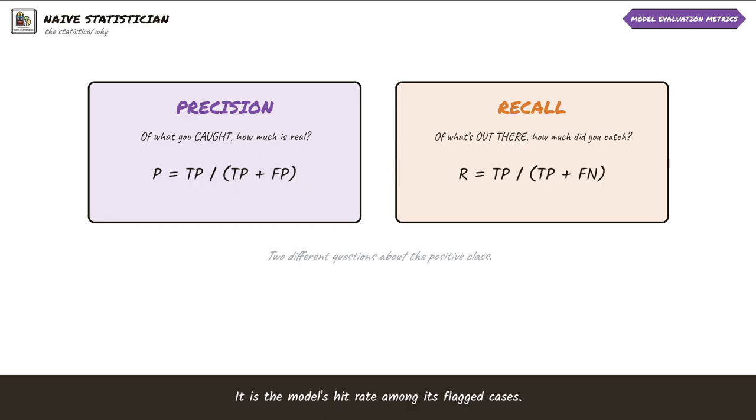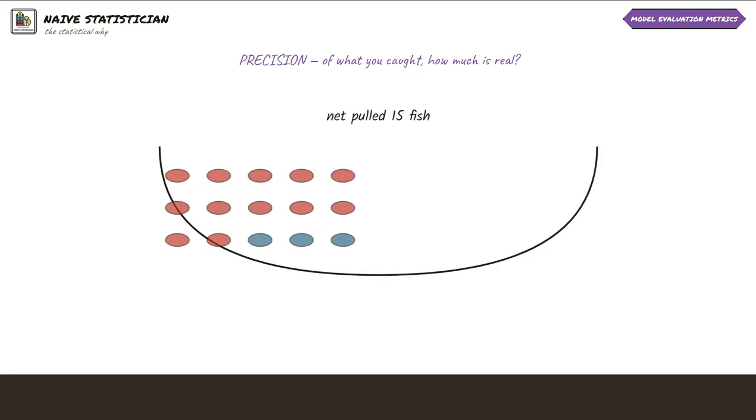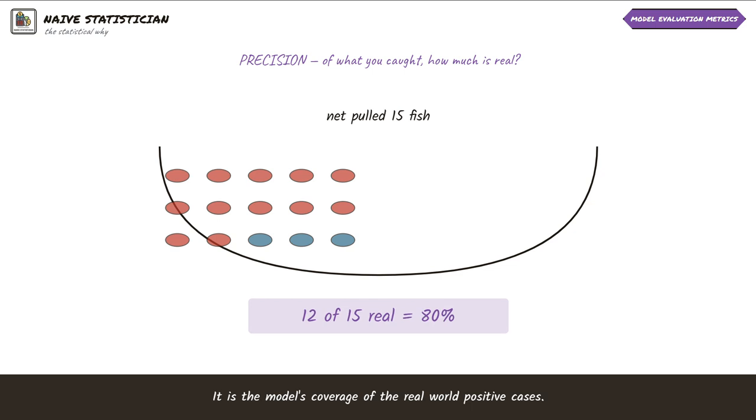It is the model's hit rate among its flagged cases. Recall asks, of all the actual positives in the data, how many did the model catch? In confusion matrix terms, recall equals true positives divided by true positives plus false negatives. It is the model's coverage of the real world positive cases.